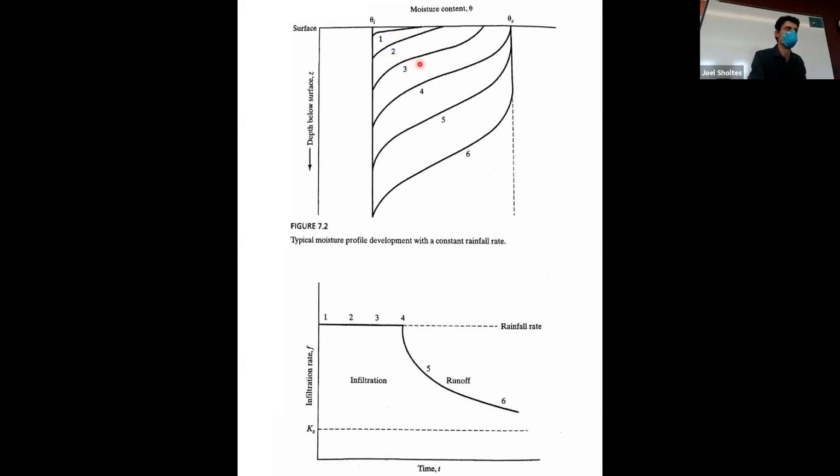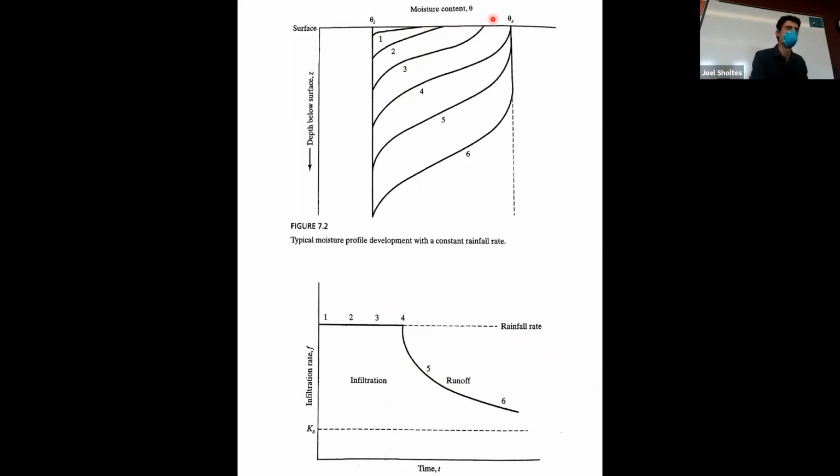What this graph is showing you is the moisture content as a function of depth. So if this is the initial soil moisture, this is your saturated soil moisture. Initially, as you go down, you're pretty dry, and then you kind of wet up as you get closer to the surface. But it's raining, so you're getting closer and closer to saturation.